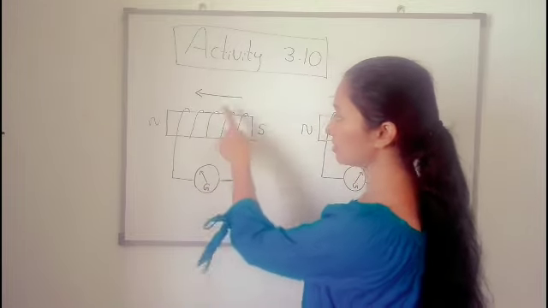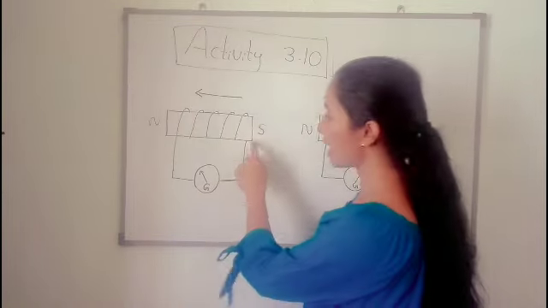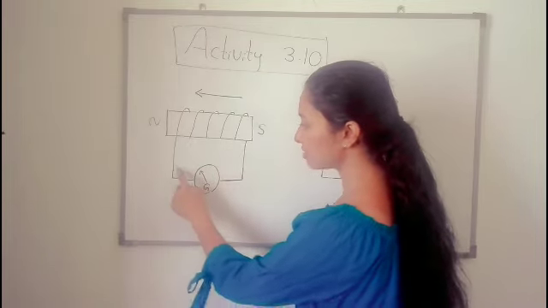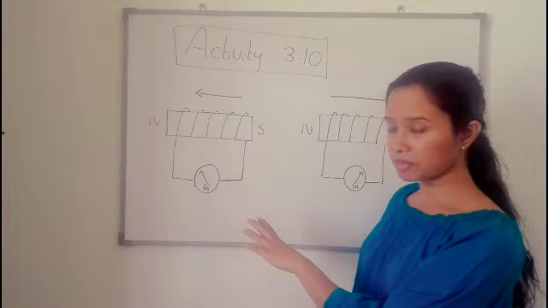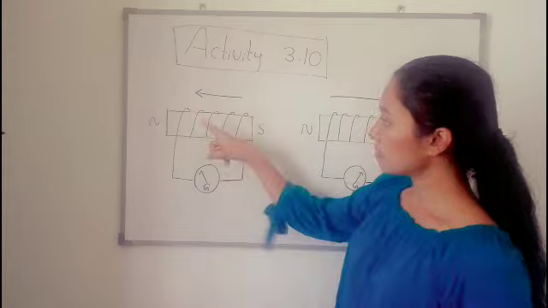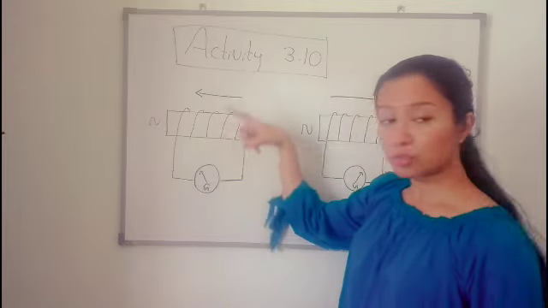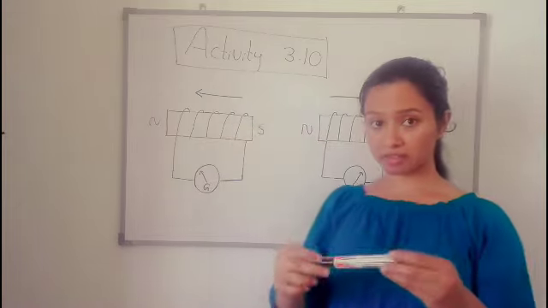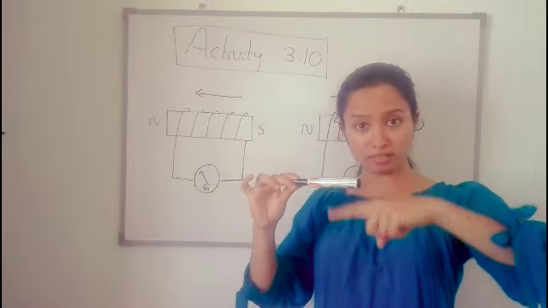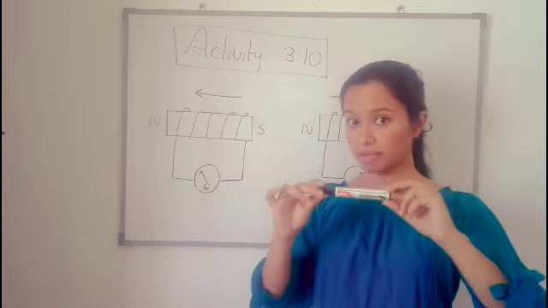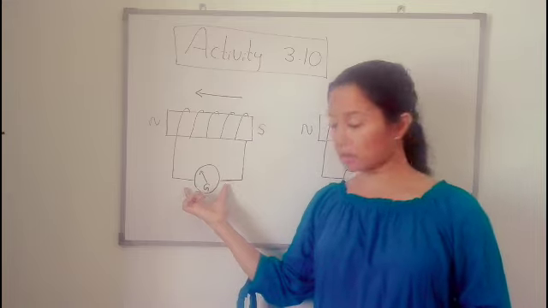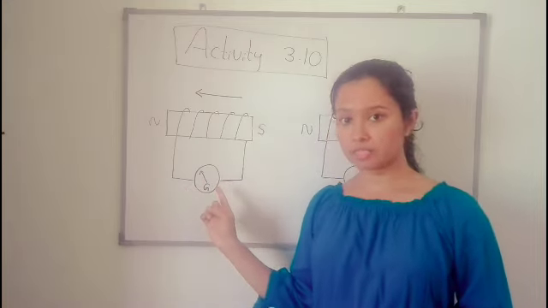This is a copper coil, and the copper coil is connected to a galvanometer. The copper coil is wound around the bar magnet, and we connect the two ends of the copper coil to the galvanometer.